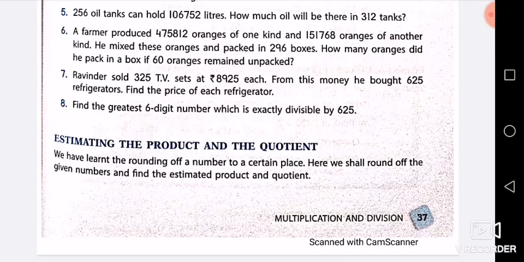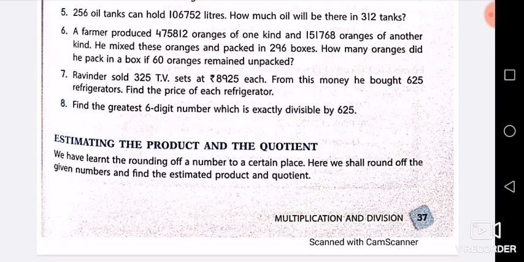A farmer produced means a farmer has a production of oranges of two kinds. One kind of oranges he produced 4,75,812 and another kind of oranges are 1,51,768 oranges.